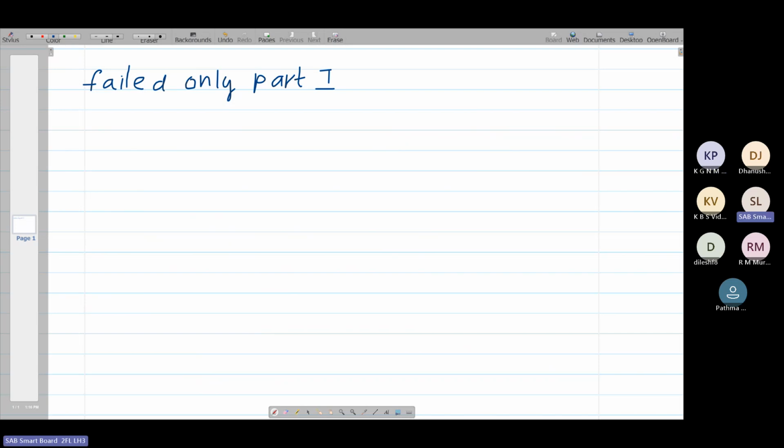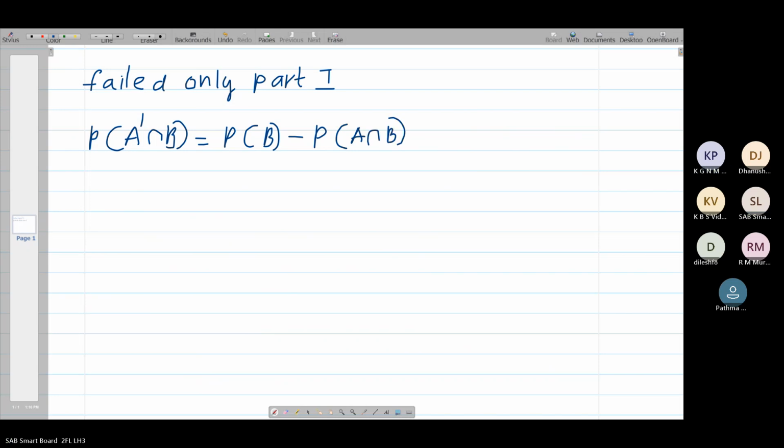Okay, then how do we write B only? A dash intersection B. Then we take B and remove the intersection.